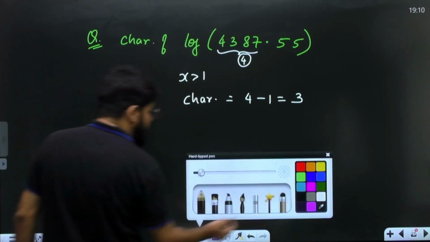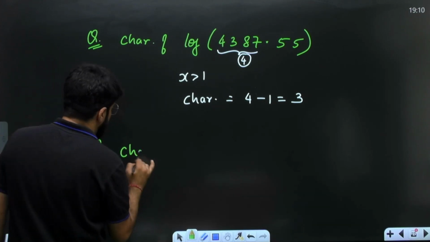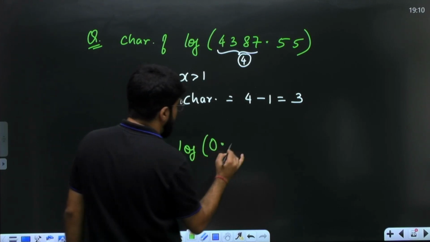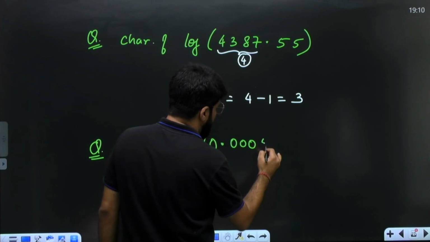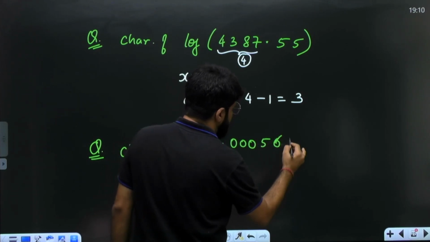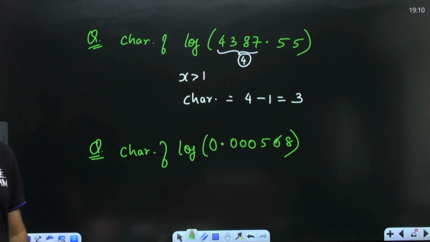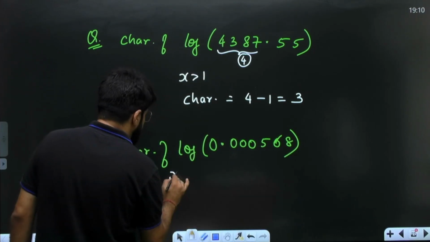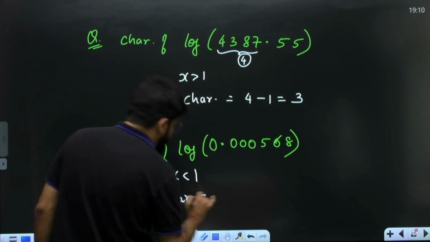Similarly, if I give you a question, characteristic of log of 0.000568. Now this number given to you is x less than 1. So what is the characteristic?